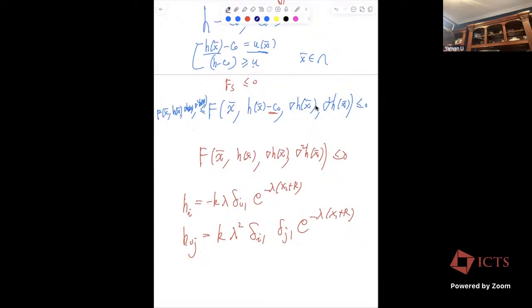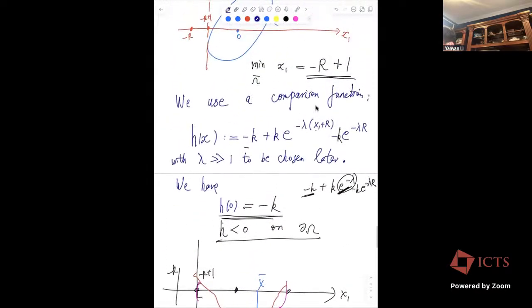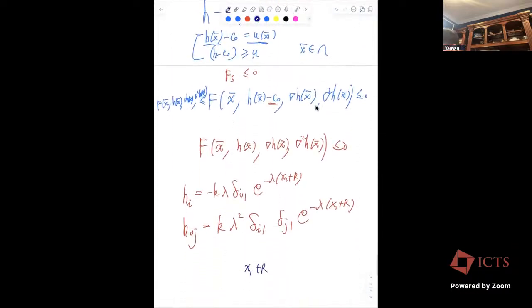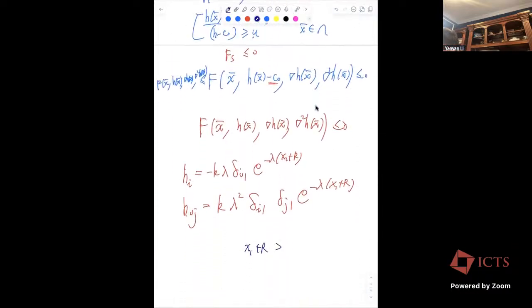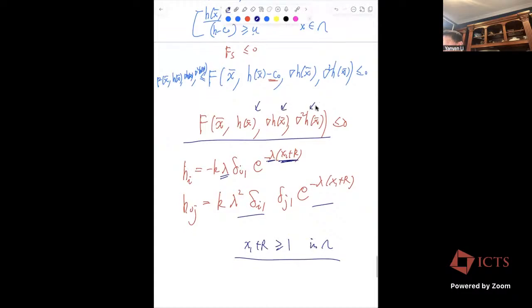And you know that x1 plus r, because the inf is minus r plus 1, is always greater or equal than 1 in omega. So you have exponential minus lambda. If you take lambda very large, everything will be quite tiny. So therefore, all the arguments remain bounded.